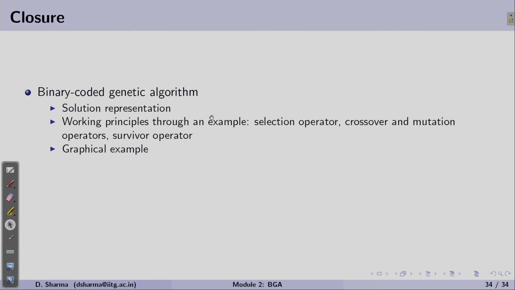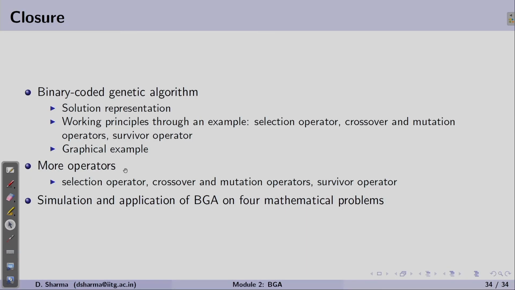So the same hand calculations were shown in the graphical example. In this session we discussed more operators, especially selection, crossover and mutation operators. Since they work in different ways, their performance also will be different when we solve a problem.